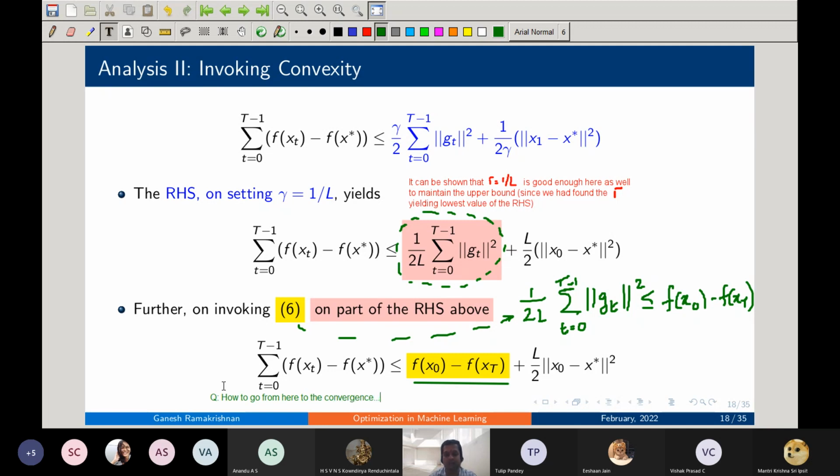Well, what we mean by convergence and speed of convergence for an upper bound on function value, epsilon upper bound on function value. How many iterations? How do I get there? Any suggestions?